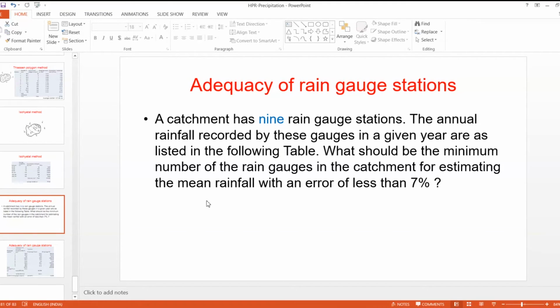So in this example, a catchment has 9 rain gauge stations, and annual rainfalls recorded by these gauges are given, and in the estimation of mean rainfall, we should have an error of less than 7%. So we have to calculate the minimum number of rain gauges required for the catchment.